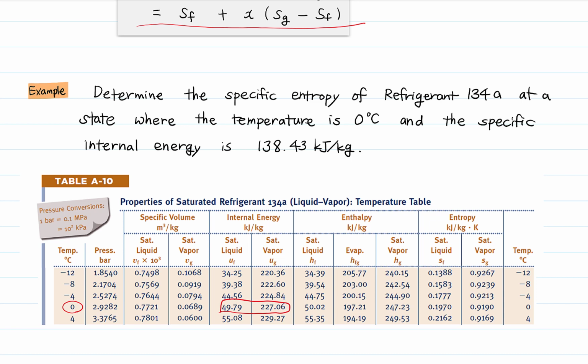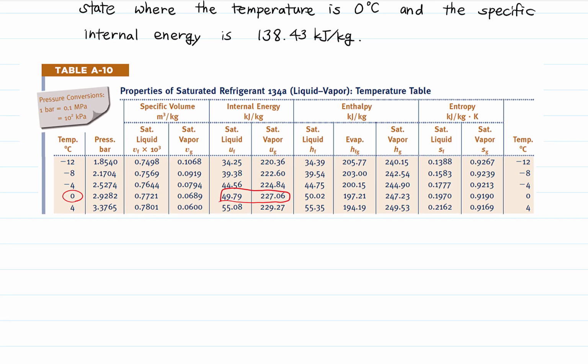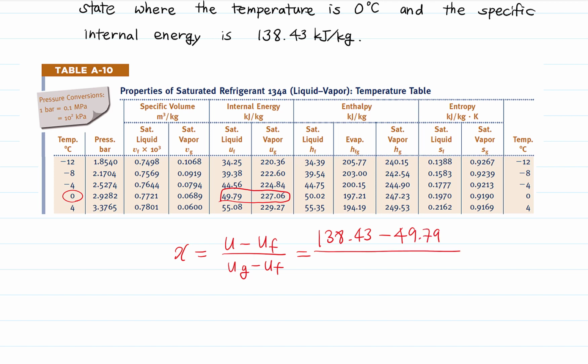With a given internal energy value, we can determine the quality. Quality can be expressed in terms of the internal energy, using the internal energy for the saturated liquid and the internal energy for the saturated vapor.